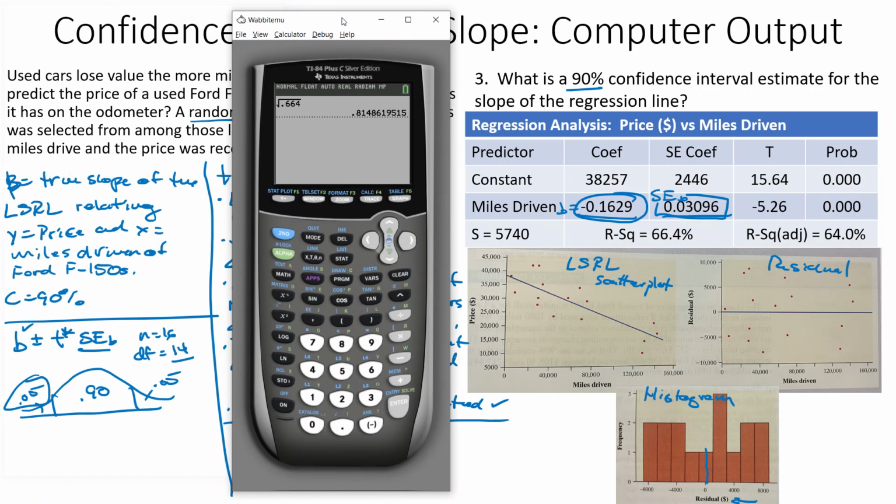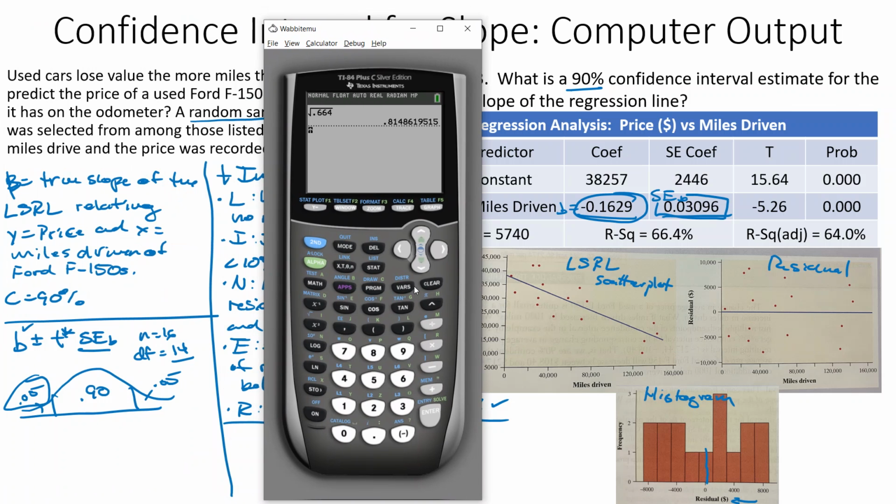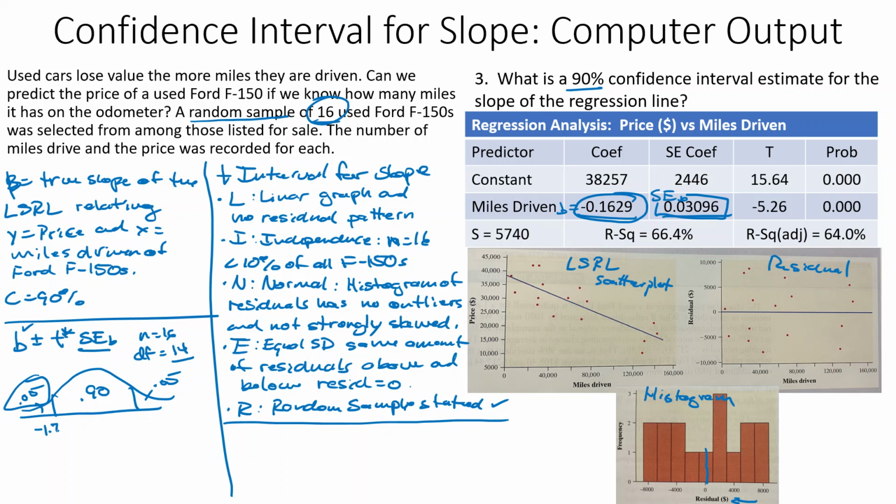All right, let's move over so I can see what I'm doing here. So second distribution, inverse t to get our t. Our area below 0.05, our degrees of freedom is 14. And our t star is negative 1.76, and the other one would be positive 1.76.